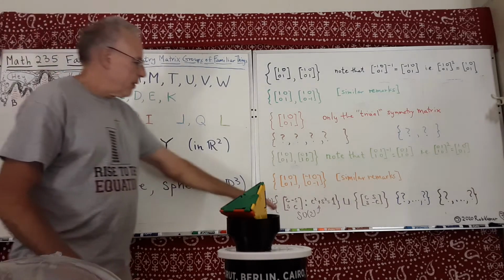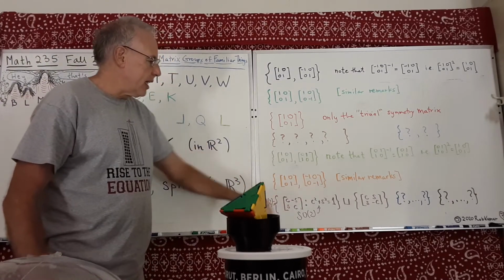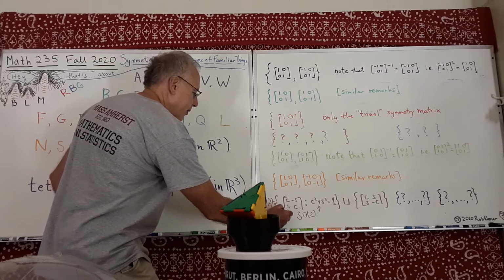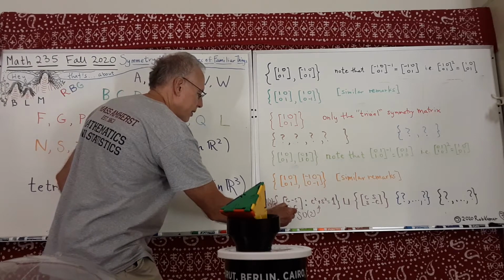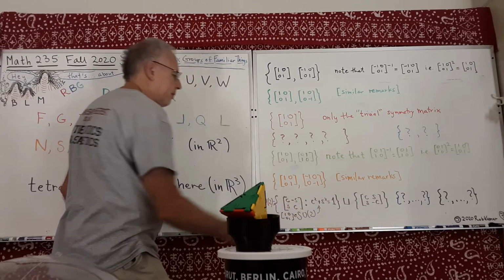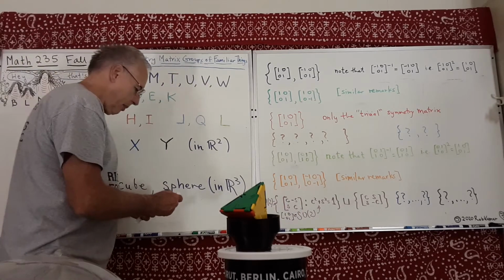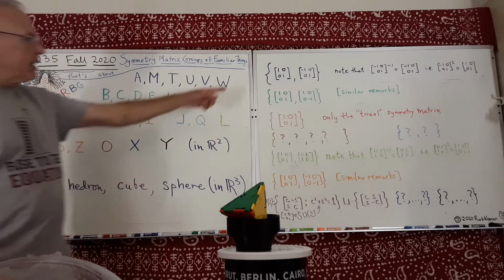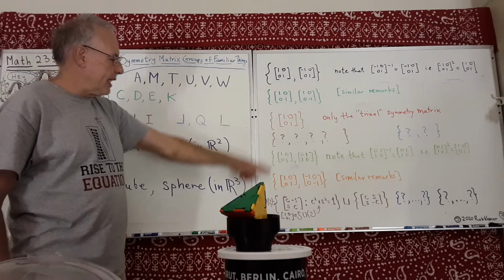So this is the component that contains the identity. So the identity matrix, (1, 0; 0, 1), is in this component. Some people call it the identity component of the orthogonal 2 by 2 matrices. In fact, all the symmetries, all these symmetry groups, if you like, sit inside O2.